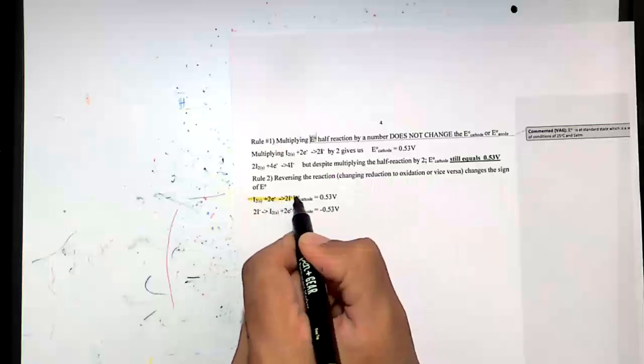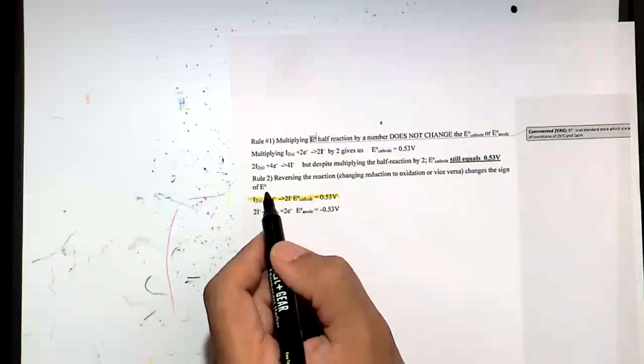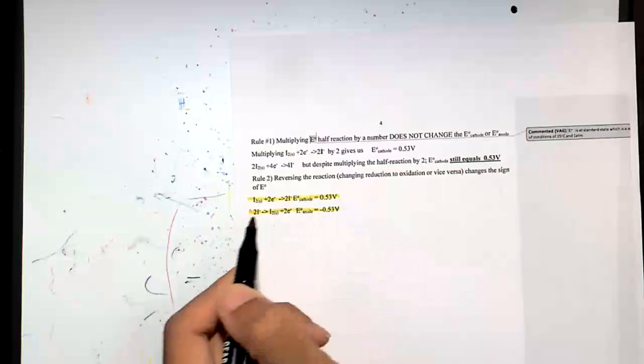And then this is just a review here on page 4. If you multiply a half reaction by 0.53, it still is 0.53. Okay? The only thing that can change is the sign. How do you change the sign?